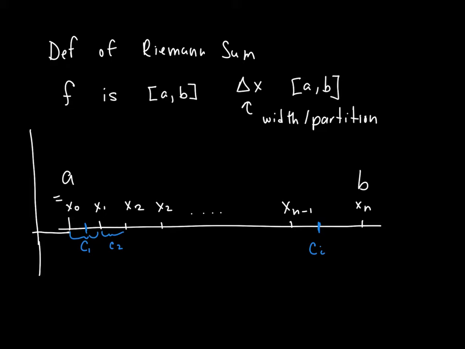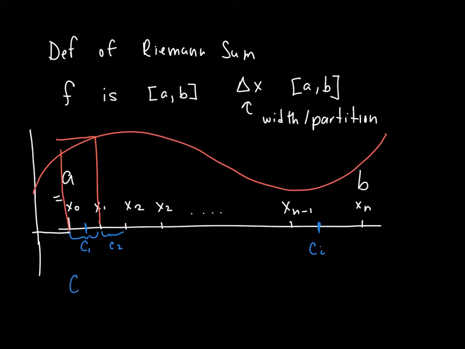Well, if we think back and go ahead and draw a curve inside here, if I'm just talking about this first piece, and I want to use the right-hand method, what would C of 1 be equal to?